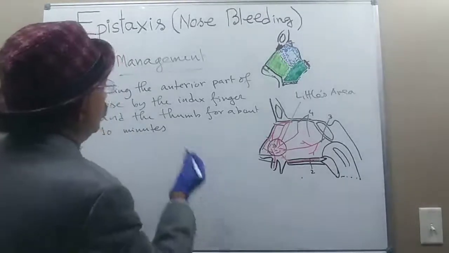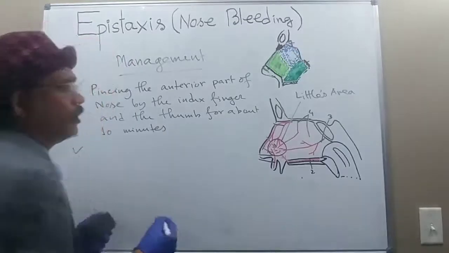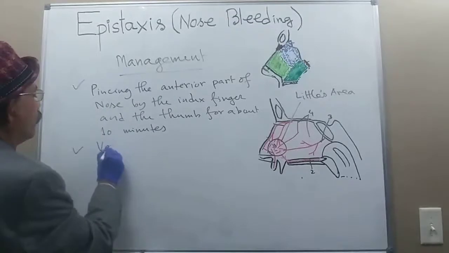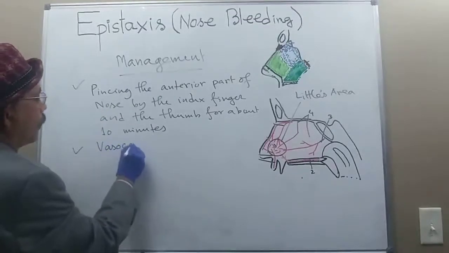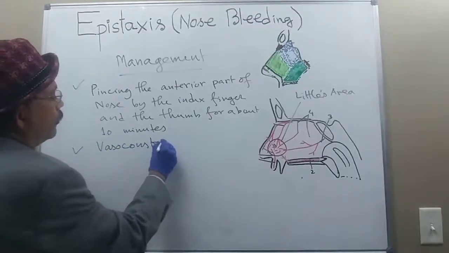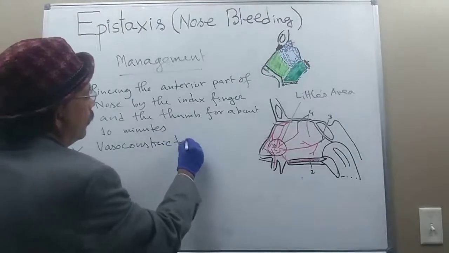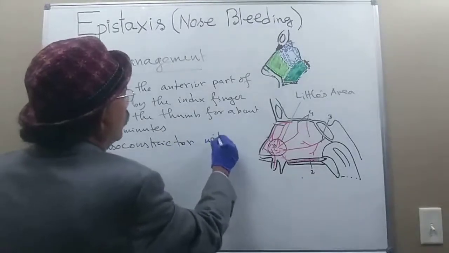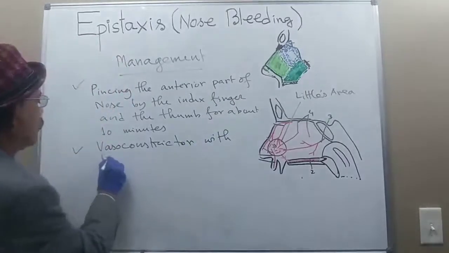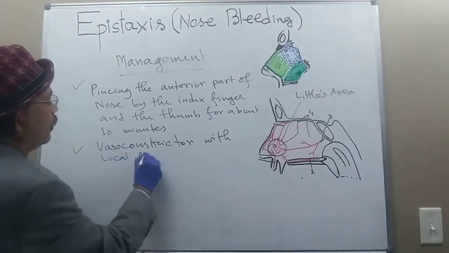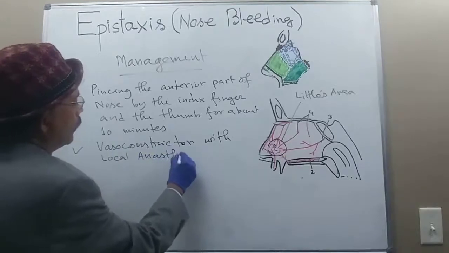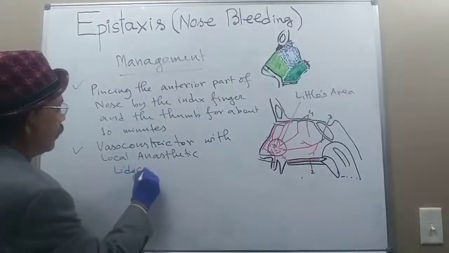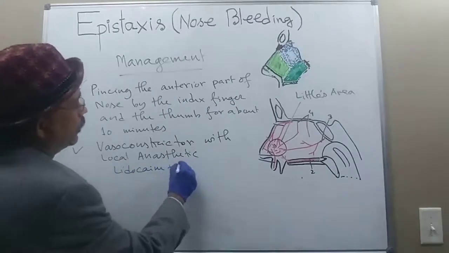If the bleeding does not stop, you must look at the bleeding point. So we may put some type of vasoconstrictor with a local anesthetic, like lidocaine plus epinephrine.